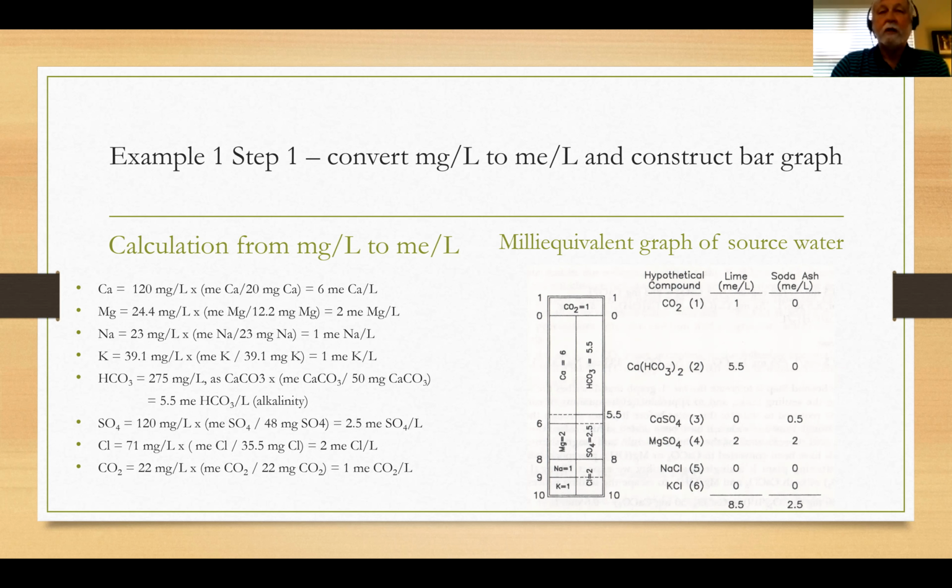I got 8 minus 6, or 2 milliequivalents per liter of magnesium sulfate. That is non-carbonate hardness, but it's non-carbonate hardness with magnesium.